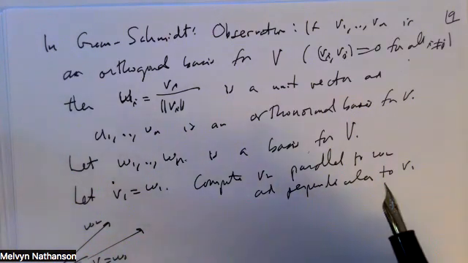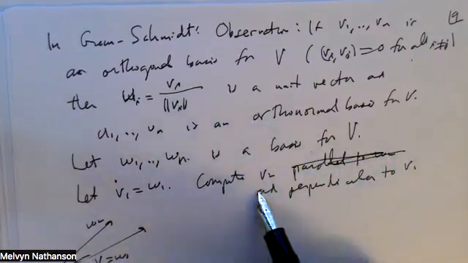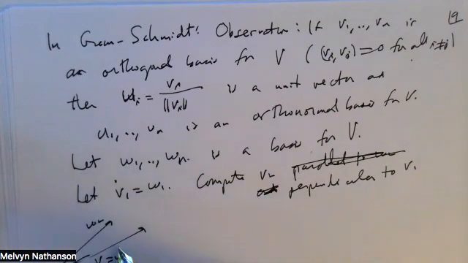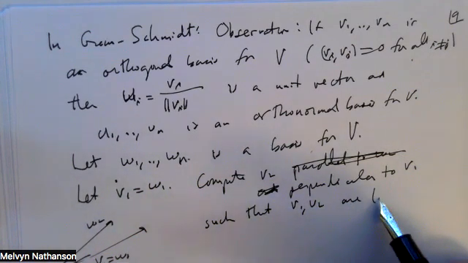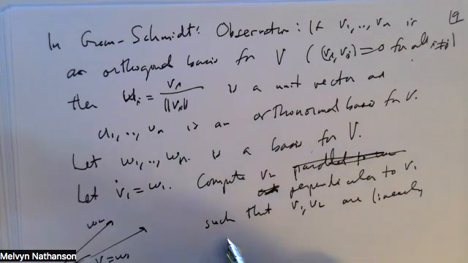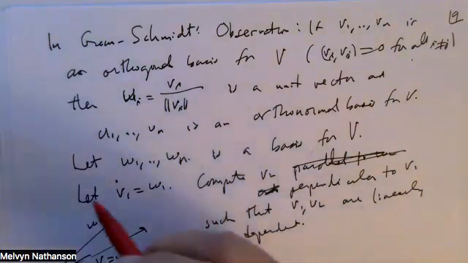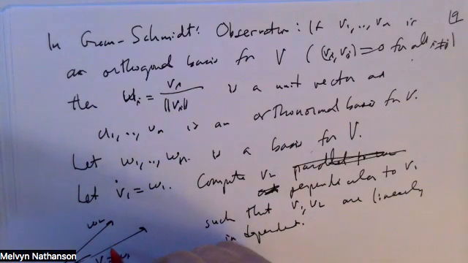I want to compute a vector V2 that's perpendicular to W1 such that V1 and V2 are linearly independent. So I know, given W2, I can write W2 as a vector parallel to V1 and perpendicular to V1.